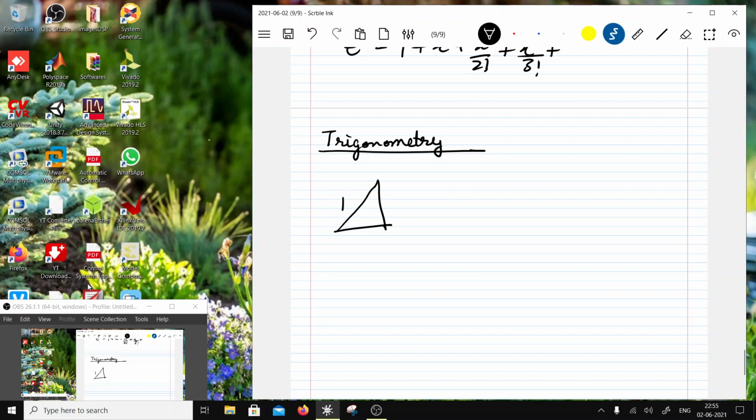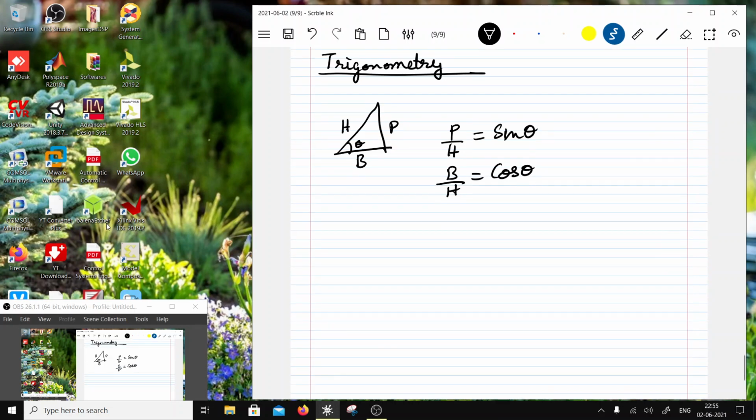If I have a right angle triangle with the perpendicular and the base, then P by H is sine theta, and B by H is equal to cos theta, correct? So that's the definition. And then you have P square plus B square is equal to H square.